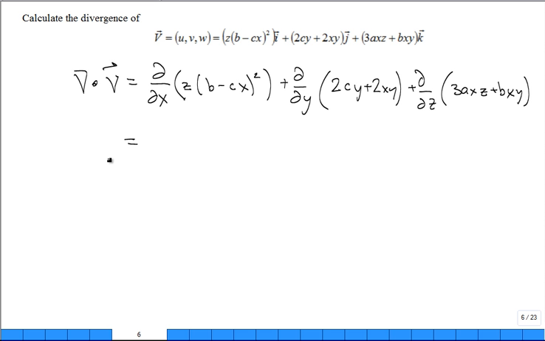And now you just recall how to differentiate. So this one's a little tough. We're going to have z times (b minus cx to the 1), and then we'll have minus c. Did I do that one right? And then this one is going to be 2c plus 2x.